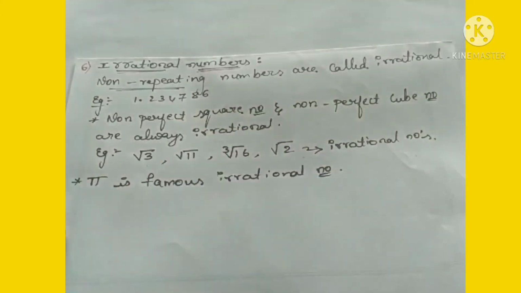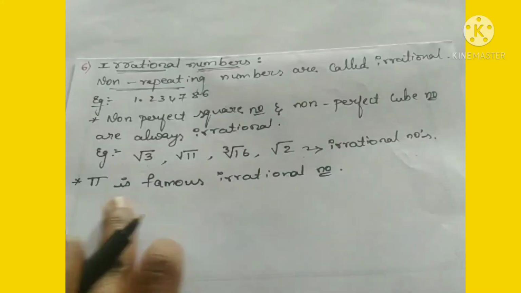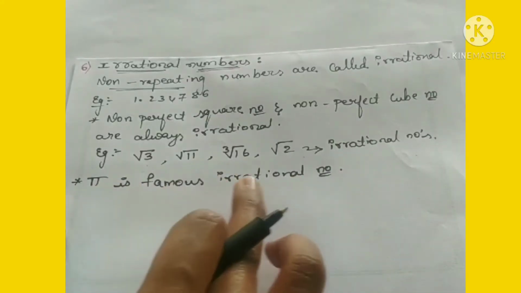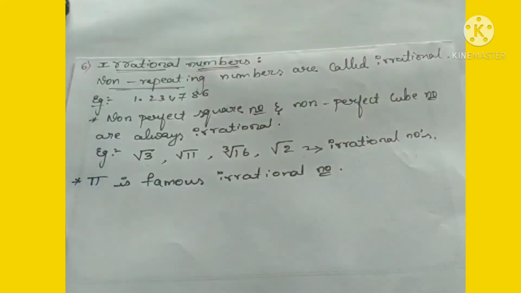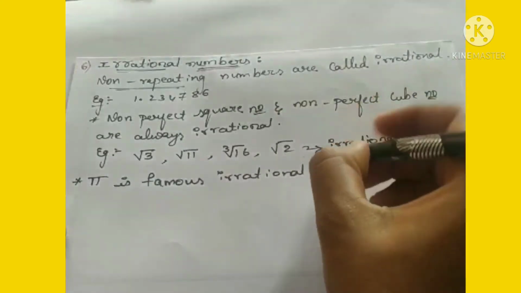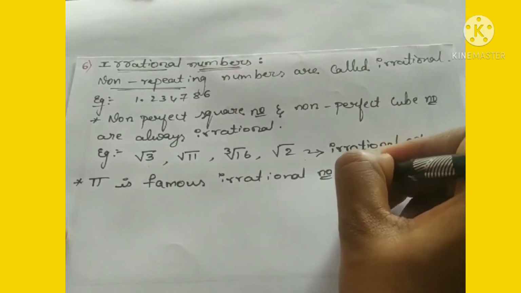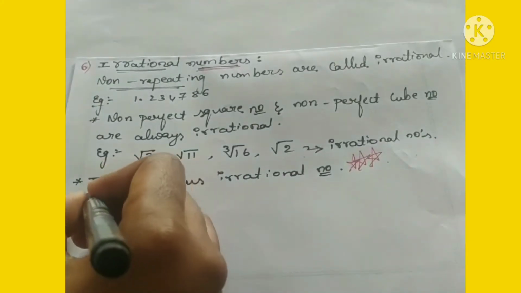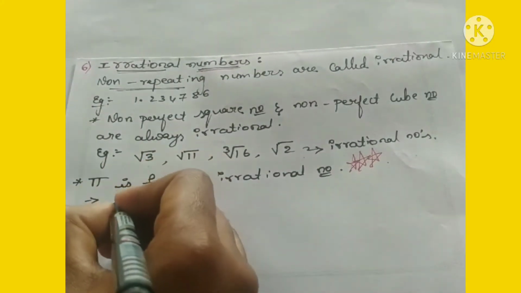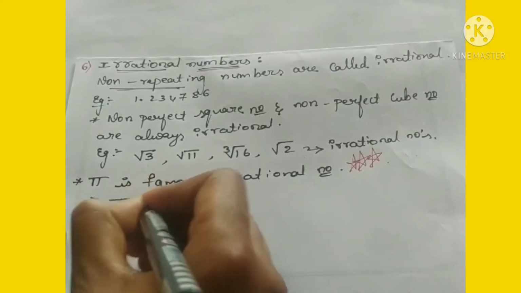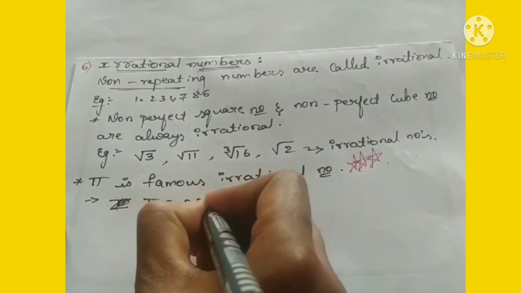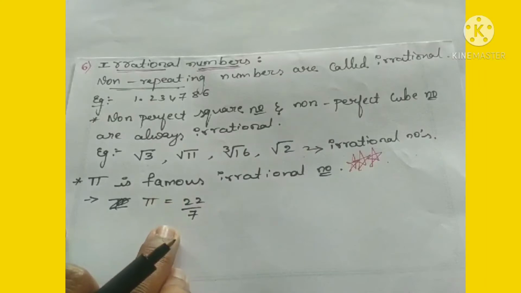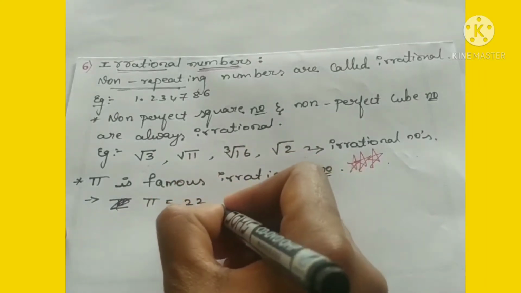If you refer to a question paper, this is one of the compulsory questions. Why we call pi a famous irrational number, I will explain. This pi can be written as 22 by 7. 22 by 7 can be written as p by q.